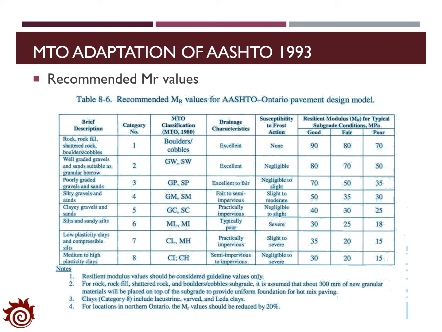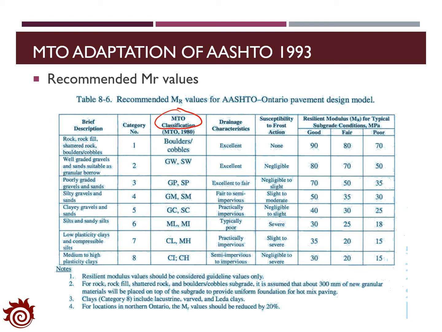The table here shows the typical MR values for different soil types. MTO actually has its own classification of the soil types, which is shown in the third column in this table. The first column gives a brief description of each class of soil.